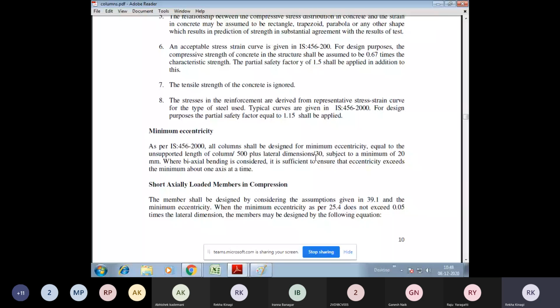Where biaxial bending is considered, it is sufficient to ensure that eccentricity exceeds the minimum about one axis at a time.